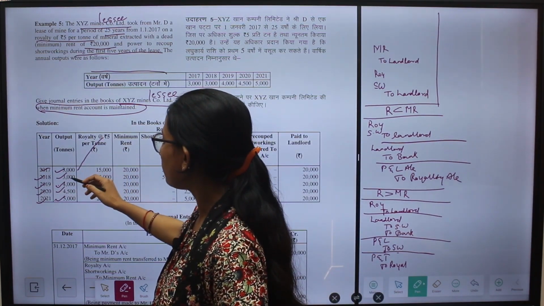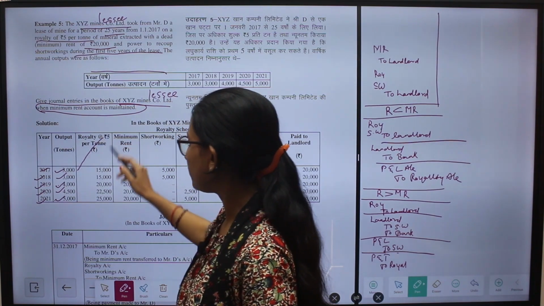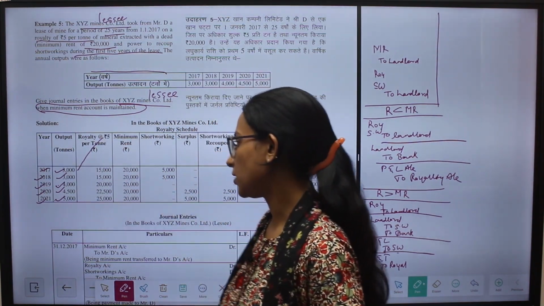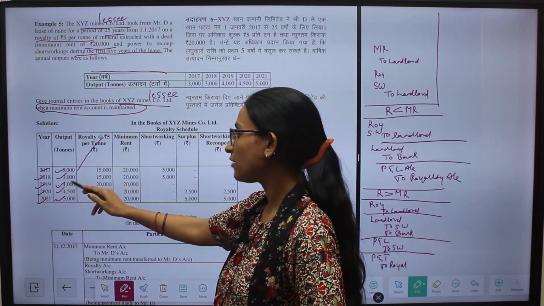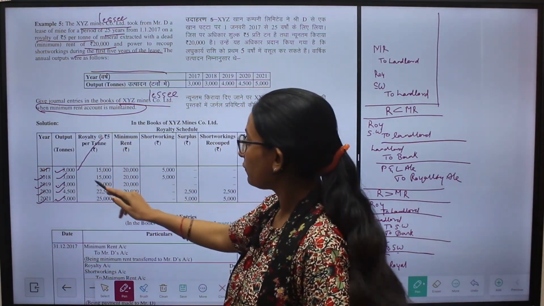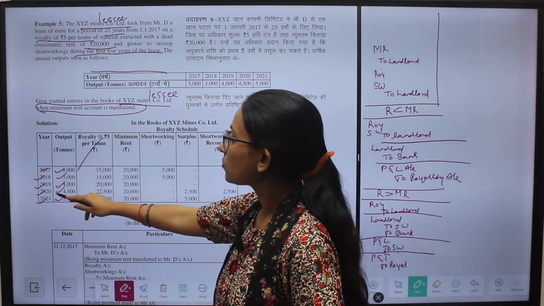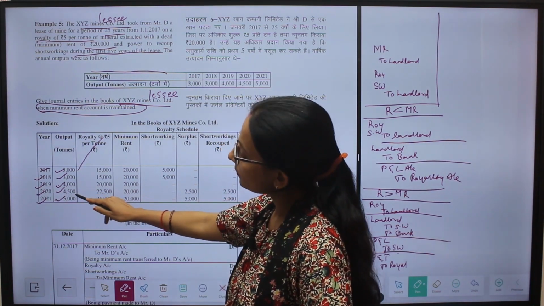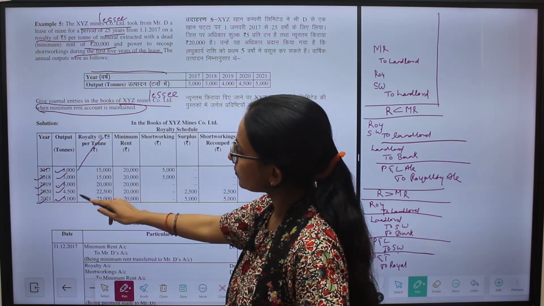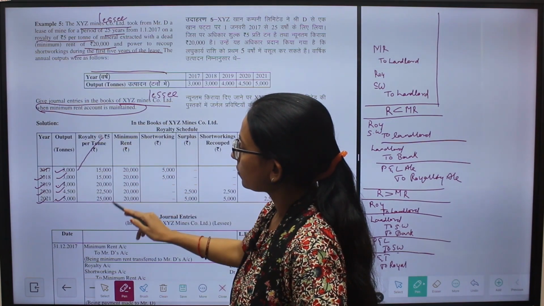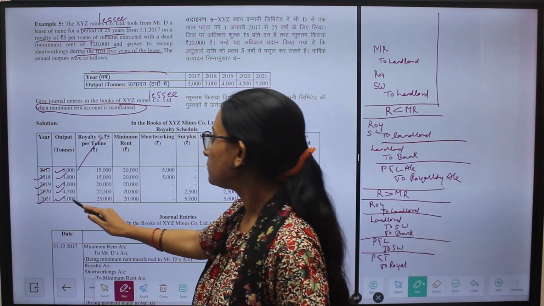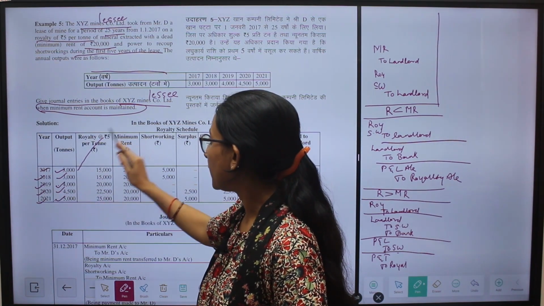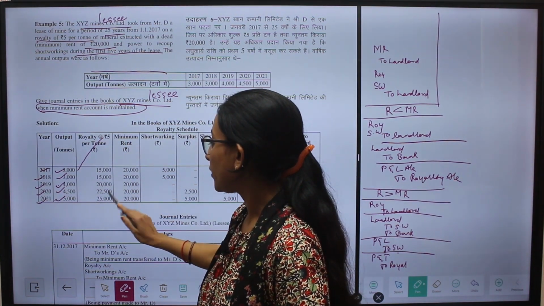Again in the second year 3000 into 5, we get rupees 15,000. In 2019, 4000 with 5, we get 20,000. In 2020, 4500 tons into rupees 5 per ton, we get 22,500. In the last year, 5000 tons multiplied by 5, we get 25,000.